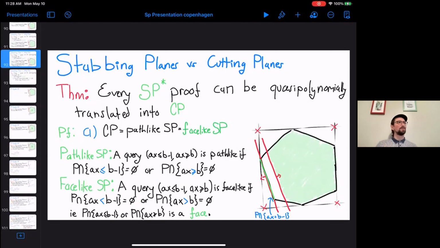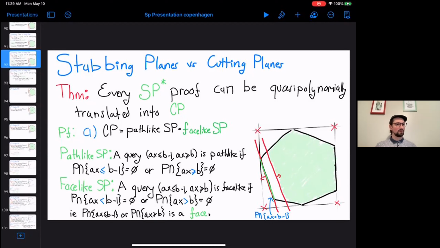I don't know if this is making any sense, but what I'm trying to say is that when you look at the linear inequalities, how you're inferring each linear inequality from the previous linear inequalities of this polytope, it could be DAG-like. But in stabbing planes, you basically are allowed to remember a polytope instead of just a linear inequality.